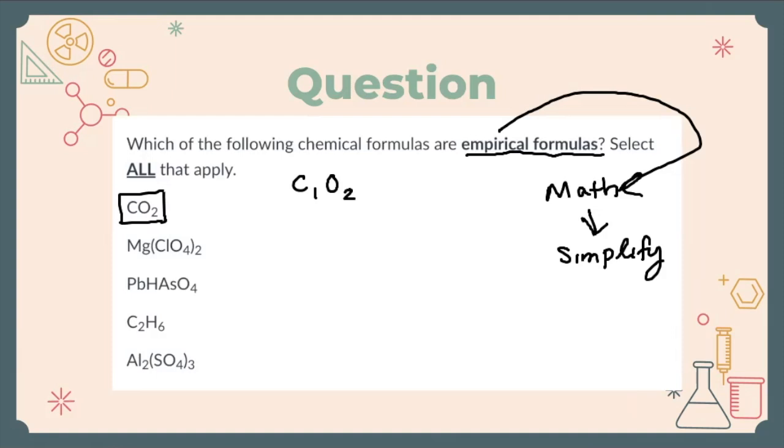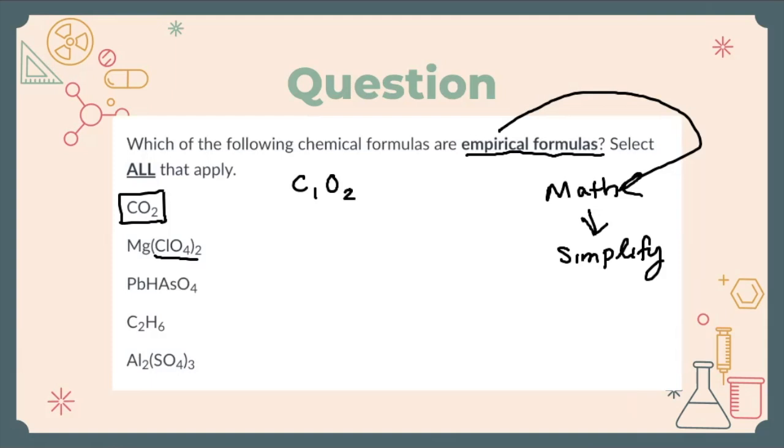Mg(ClO4)2. Now, what I find students doing is when they have a polyatomic ion, they forget that it's a polyatomic ion and they break it up. And so they try to distribute this 2. So you have 2 and you have 8, and then you have 1. Do not do that. This perchlorate here is one whole unit together, and we have 2 of them.